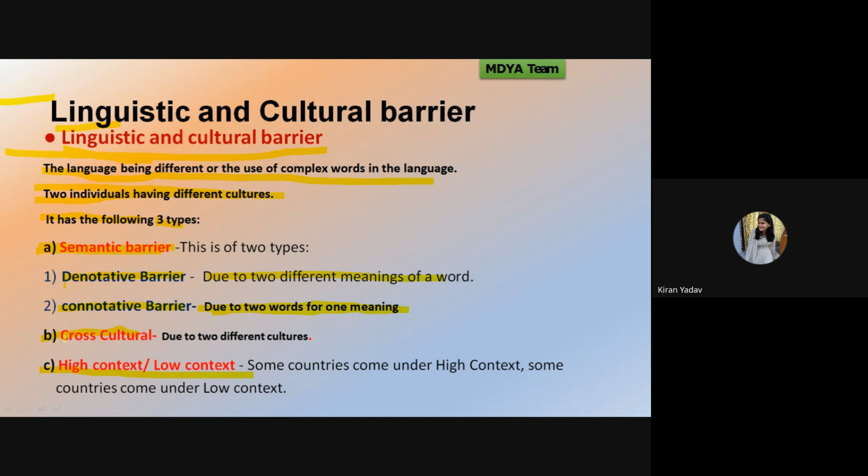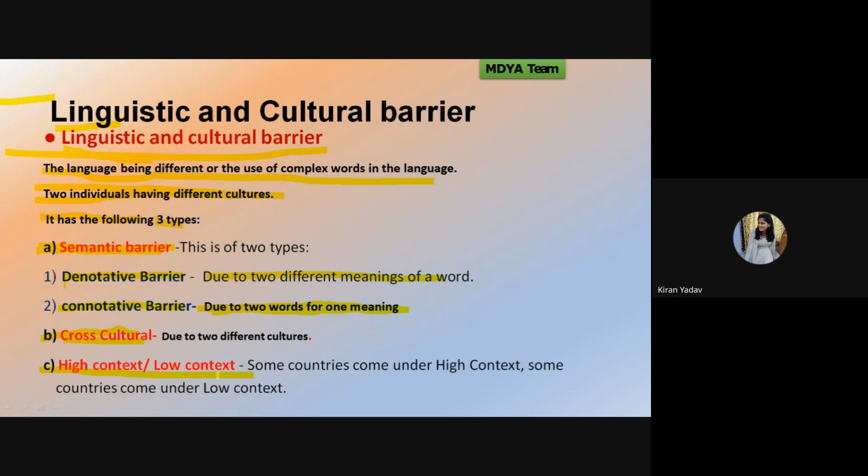In cross cultural barriers, it is due to two different cultures. When two cultures are different, this can also be a barrier. One thing might mean something different in another culture, and this can be a barrier too.